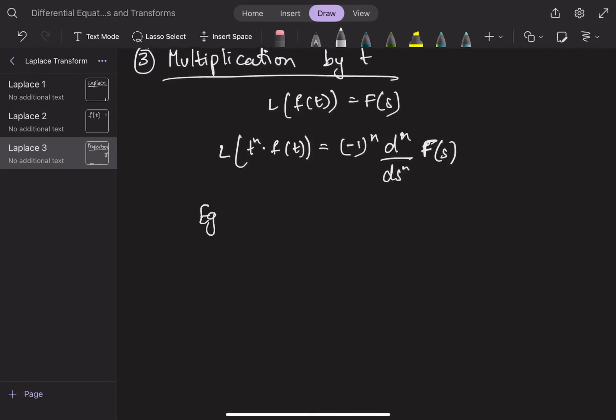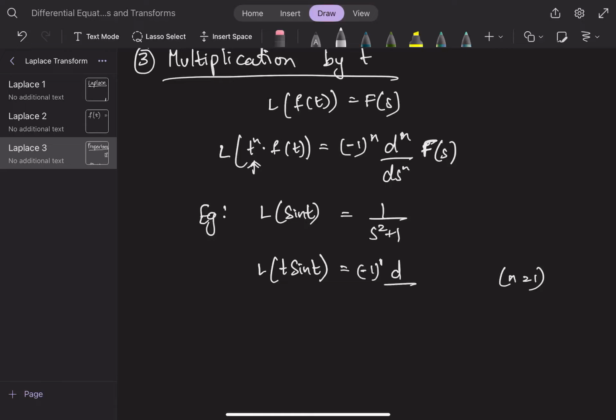For example, you have Laplace of sin t. This is 1 upon s square plus 1. So what is Laplace of t sin t? Here your n is 1 because there's only one t. So you get minus 1 raised to 1, d by ds of F(s), which is d by ds of 1 upon s square plus 1.